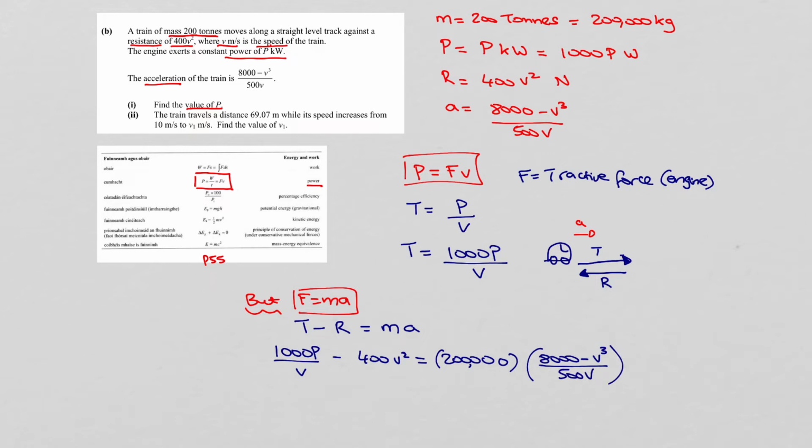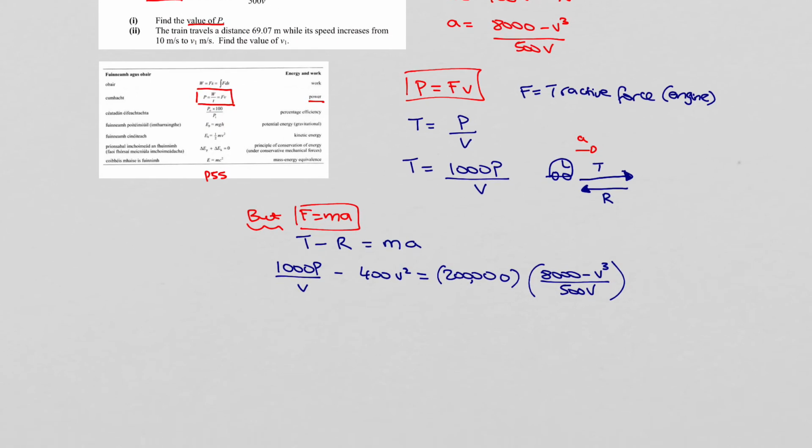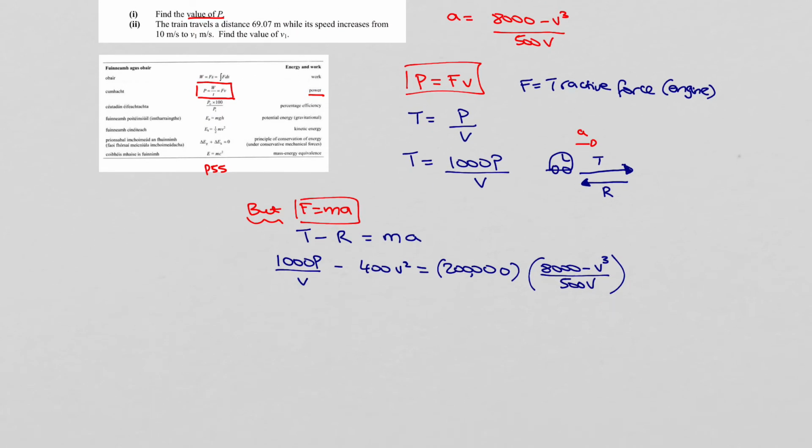If I simplify that, I'll be able to get P on its own. Let me multiply across by v to eliminate my fraction. So we have 1,000 P minus 400 v cubed is equal to, well, 500 will go into 200,000 400 times, and multiplying across by v, v will go into v once.